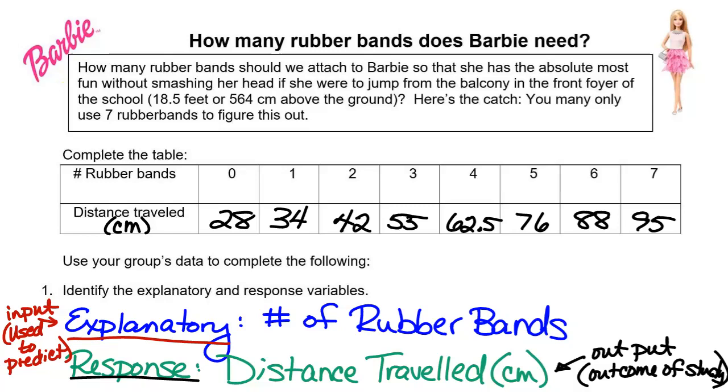Whatever you have on the x-axis will automatically mean that that is your explanatory variable. What is the y-axis showing us? Distance traveled.